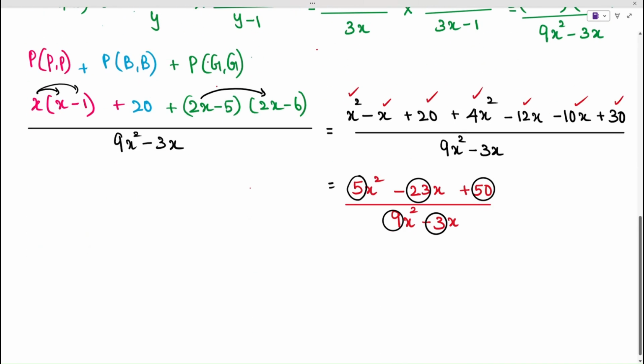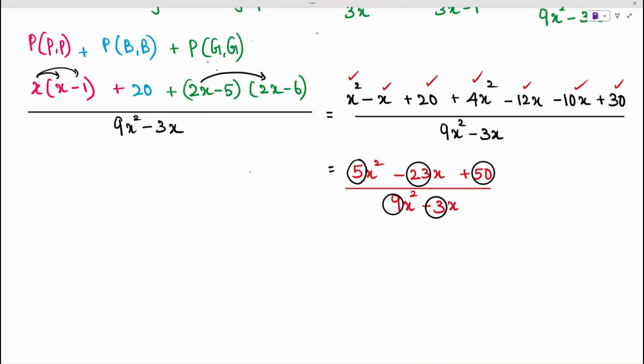All of these values are integer values because they can be written as whole numbers. And so our answer is in the format that the question asks for, and so this is the probability of getting two counters of the same color.